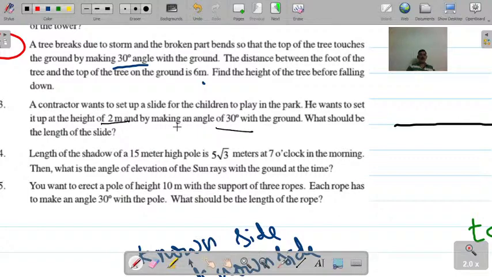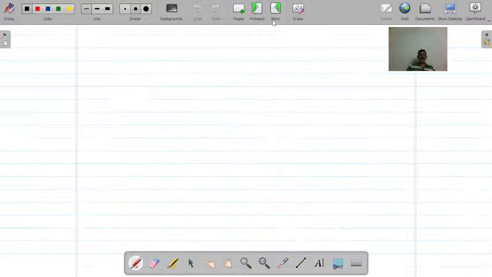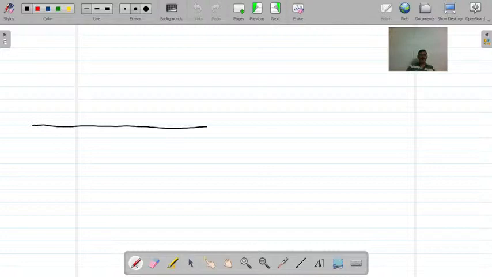Okay, now let us see. So here, this is the slider, and it is arranged at a height of 2 meters.